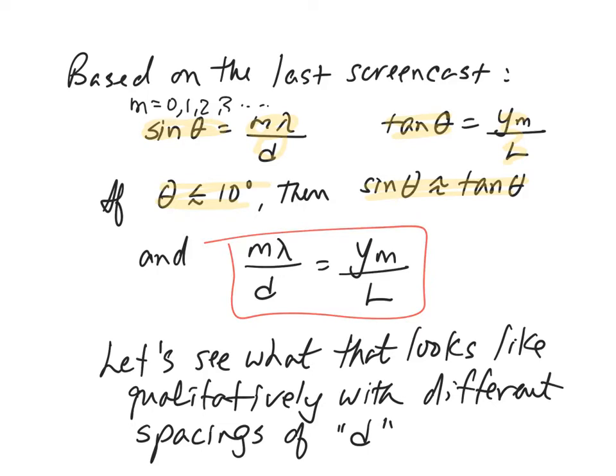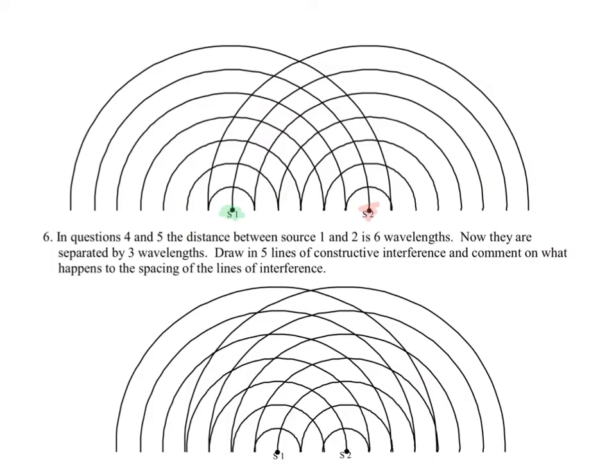Well, let's see what that looks like qualitatively, and we're going to change the spacing D and see what that looks like. In the top figure, I've got two sources that are 6 wavelengths apart. Remember these curved lines represent the leading edge of those wavelets. So there's 1 wavelength, 2, 3, 4, 5, 6 wavelengths apart.